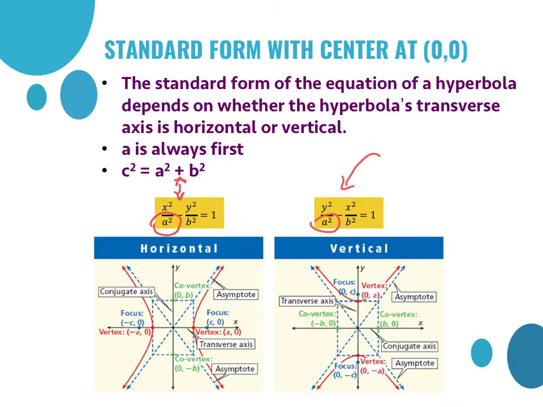Now, a squared again is always first. The variable that's in the top of the first fraction is going to tell you which axis it touches or which way it goes. So if you see the x squared first, you know it's horizontal and it's going to be touching the x-axis. If you see y squared first, it'll be vertical, and it's going to be touching the y-axis.